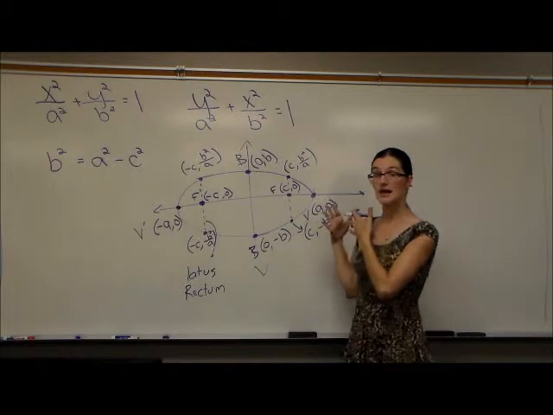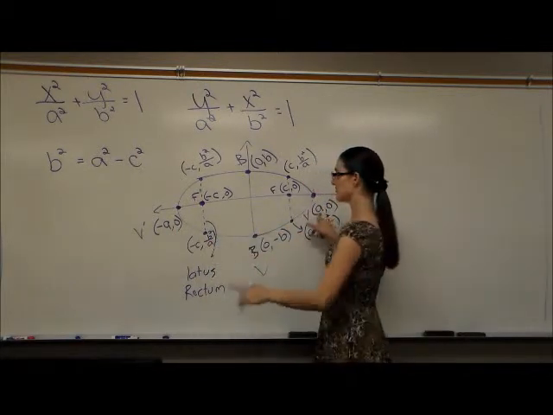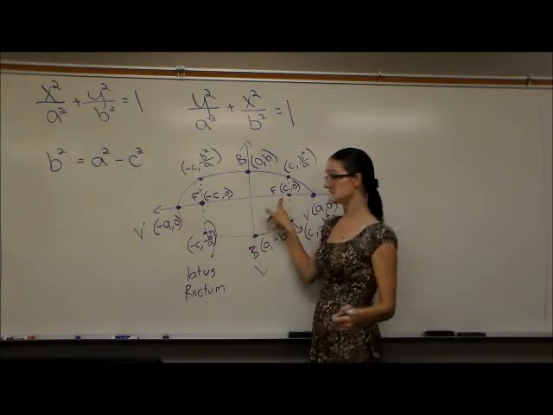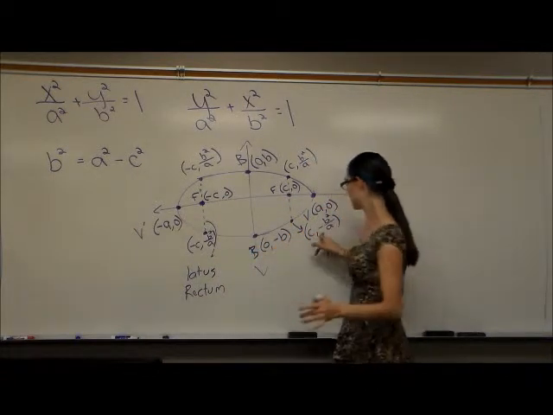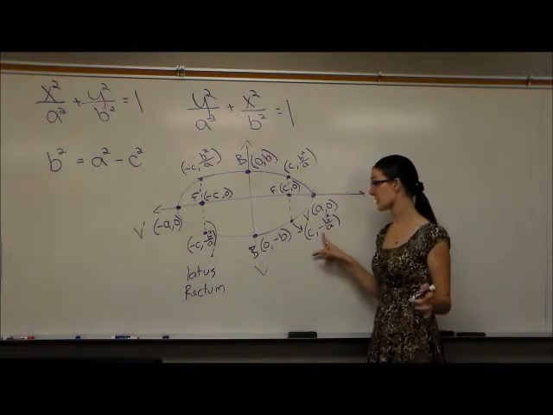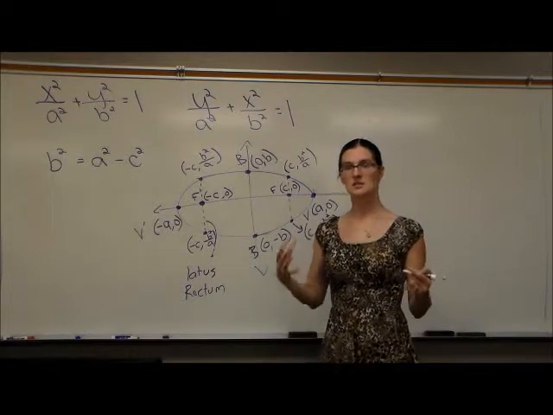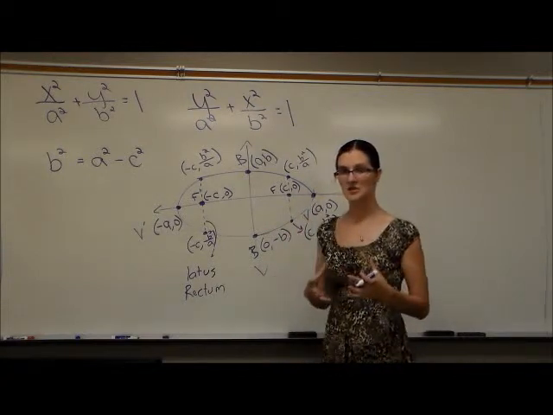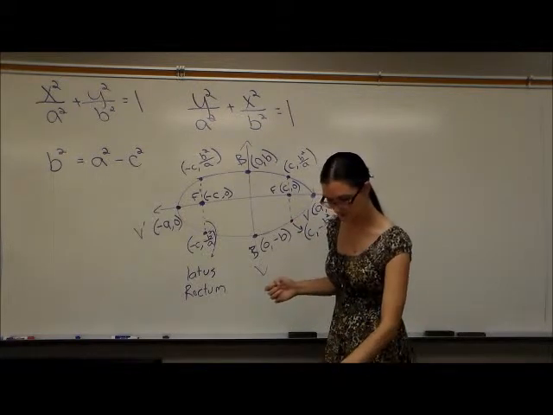If you look left to right, the only difference should be your signs. We have negative a, 0; a, 0. Negative c, 0; positive c, 0. Negative c, negative b squared over a; positive c, negative b squared over a. It's only on the x value sign. Vertically, it's the y value sign. There's a lot of symmetry going on here. You're going to rely on that symmetry heavily.